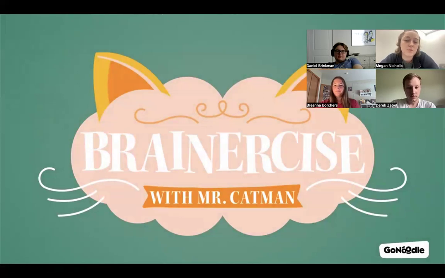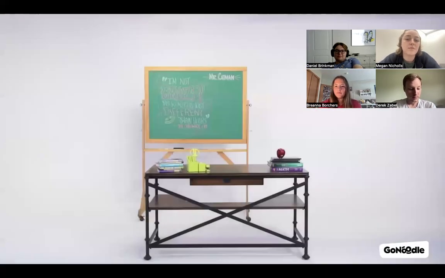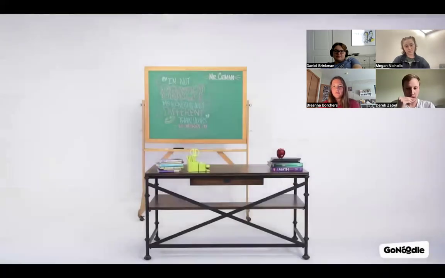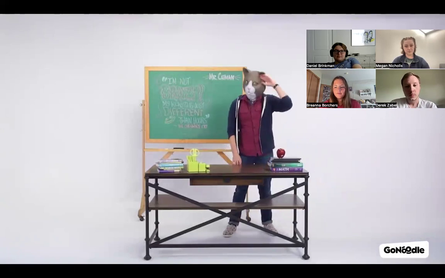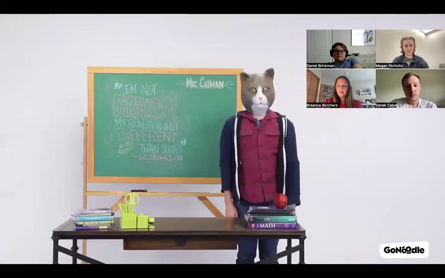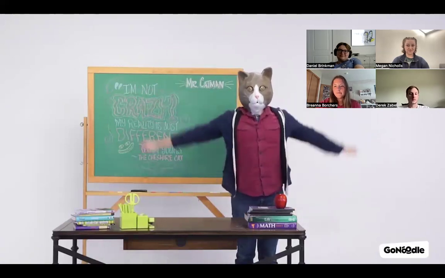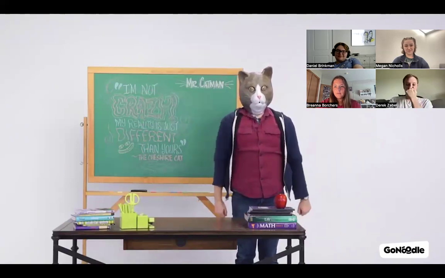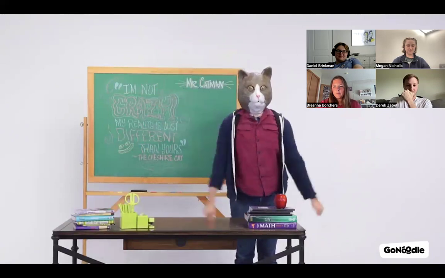Exercise with Mr. Catman. Forwards, backwards, armwards. Mr. Catman isn't here. I hope he didn't forget about our brain exercises. Wait, he's back. Make large forward arm circles like Mr. Catman. Next, make large backward arm circles.